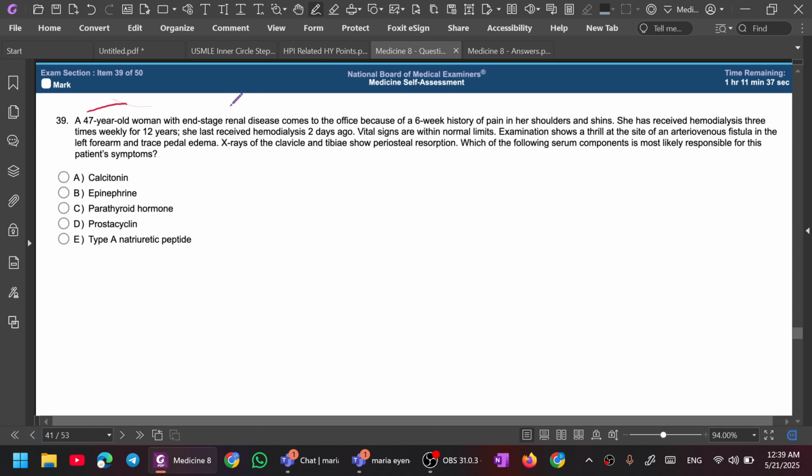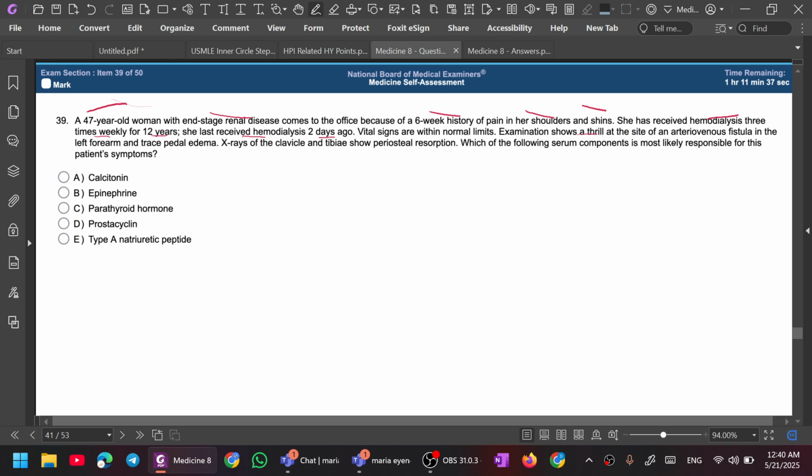A 47-year-old woman with end stage renal disease comes to the office with a 6 week history of pain in her right shoulder and shin. She has received hemodialysis 3 times weekly for 12 years. Last received hemodialysis 2 days ago.